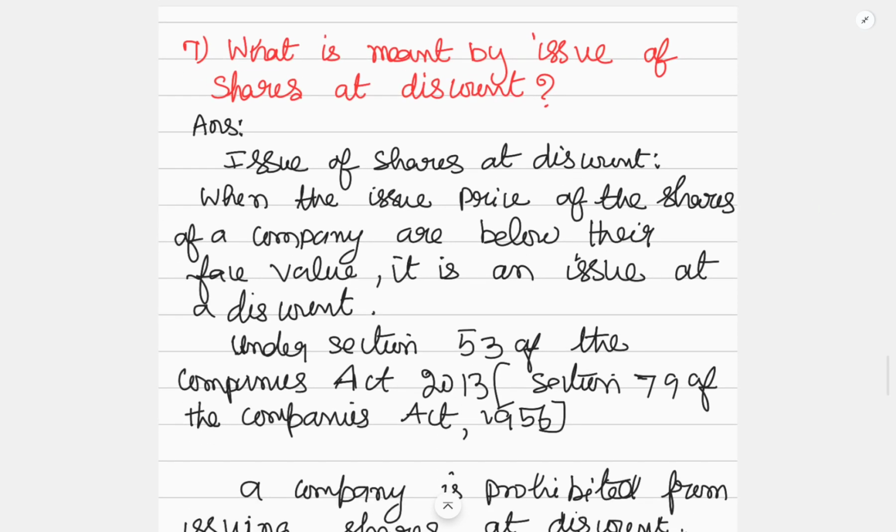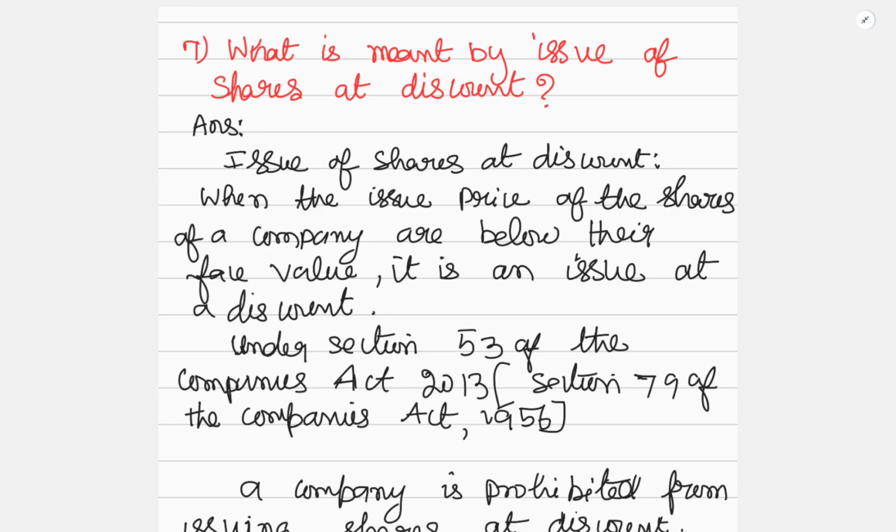Seventh one. What is meant by issue of shares at a discount? Issue of shares at discount. When the issue price of the shares of a company is below their face value, it is an issue at a discount.